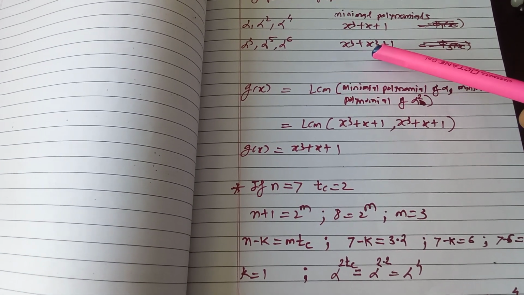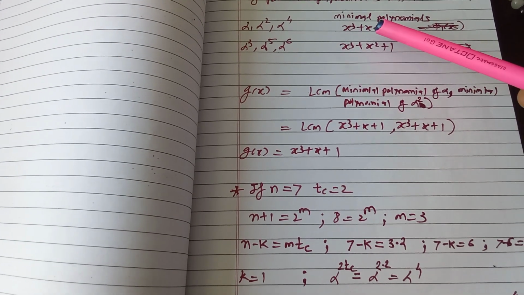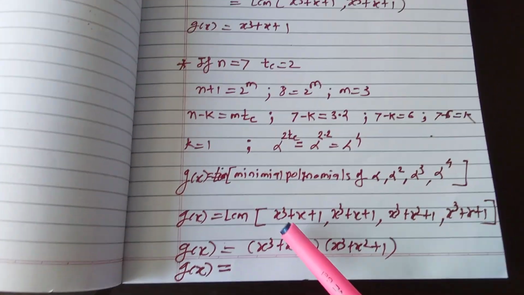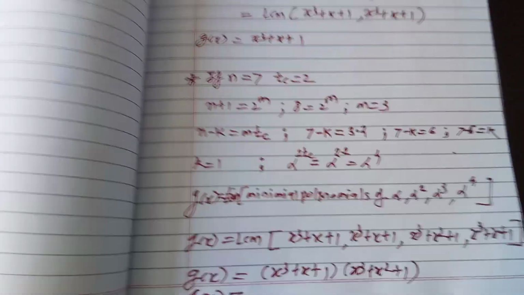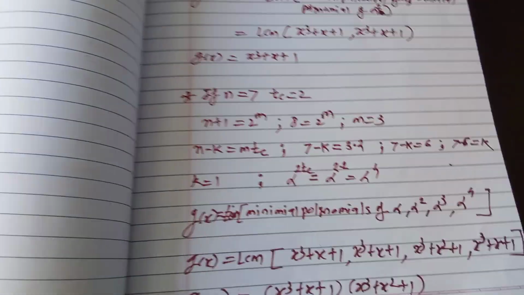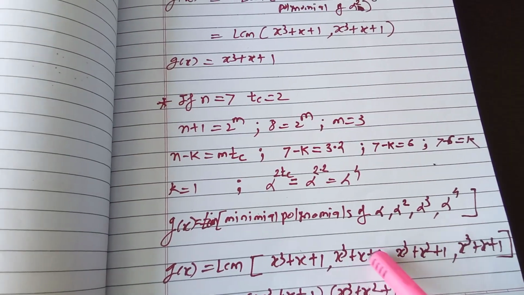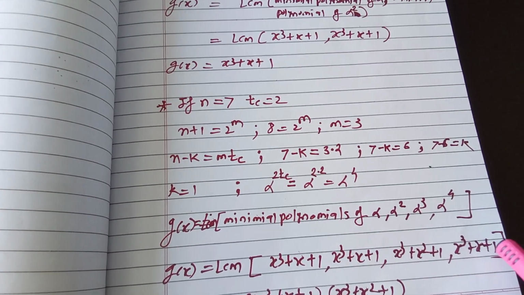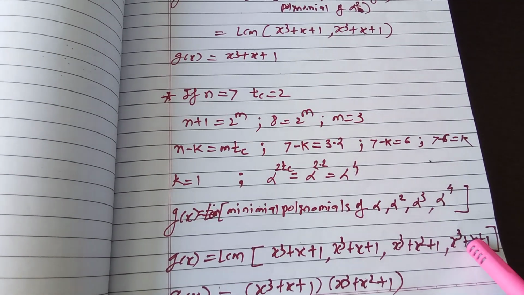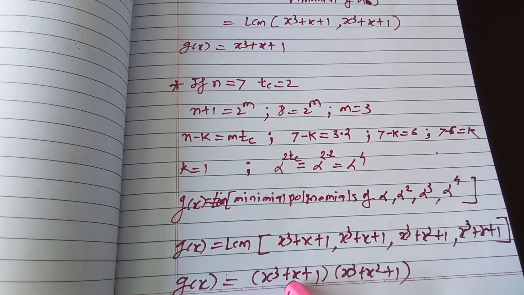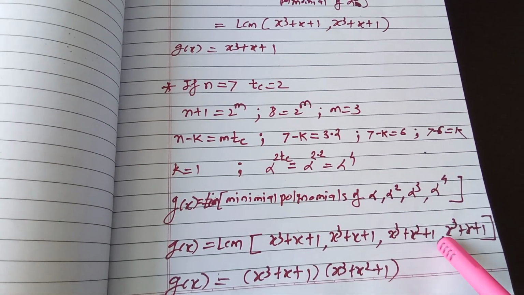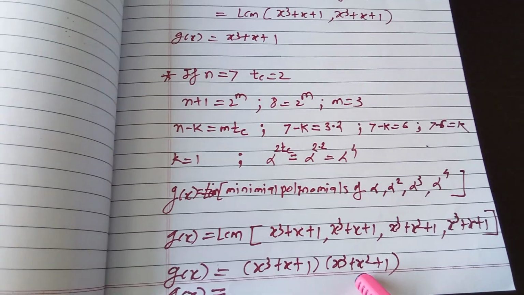Alpha cube, x cube plus x square plus 1. Alpha raised to 4, x cube plus x plus 1. So these 4 are written here. Now you have to take the LCM. Among the repeated x cube plus x plus 1 you are taking only one, that is x cube plus x plus 1. And x cube plus x square plus 1 is one only, so you have taken that.